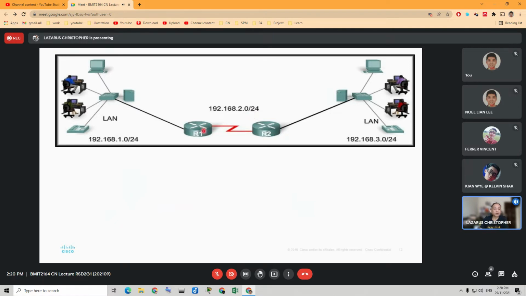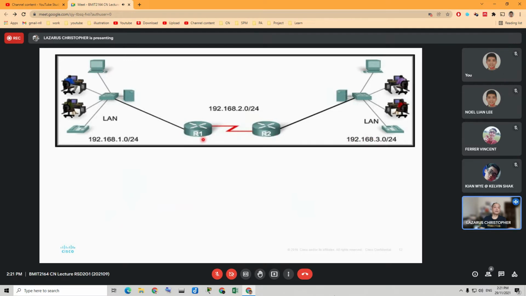So for R1, this interface and this interface are directly connected networks, which means the moment you set these two interfaces, the router will update the routing table under directly connected, right? Because you are the administrator, you also configure this and this and this, right?